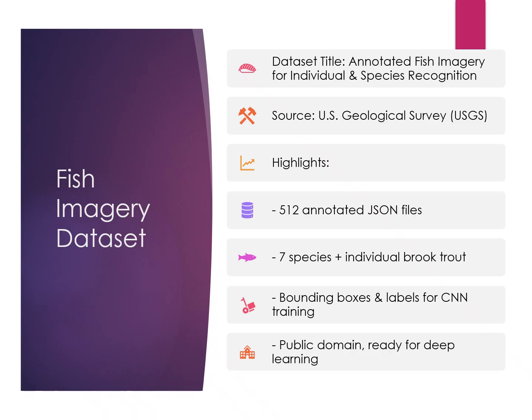What makes this data interesting? It's real-world data collected using GoPro cameras under controlled lighting. It includes both species-level and individual-level annotations. It uses the VGG Image Annotator format, which is compatible with most deep learning workflows. This dataset is publicly available and ready for deep learning applications.